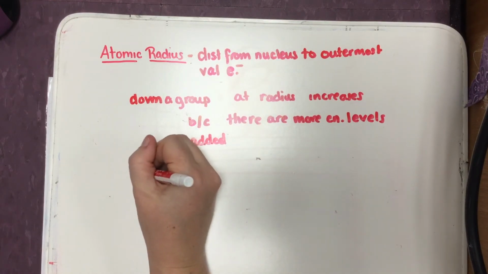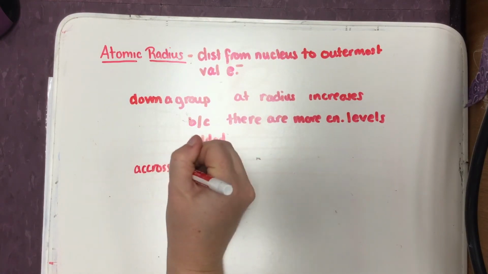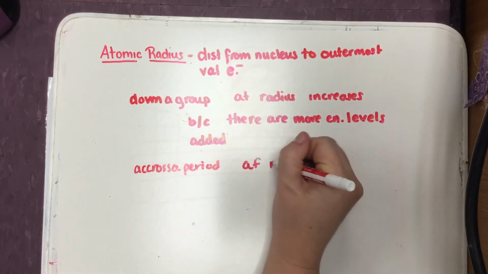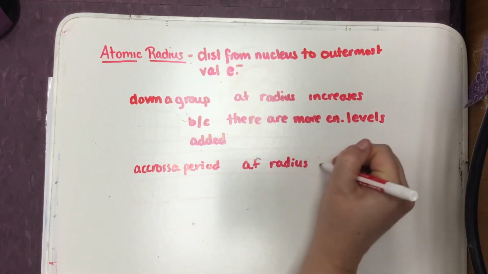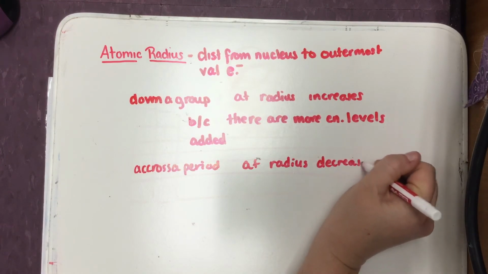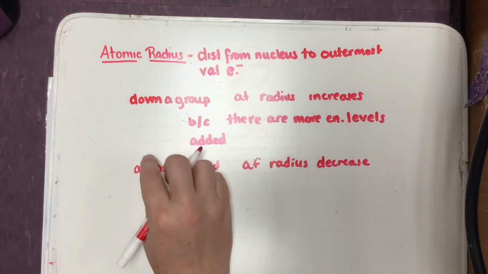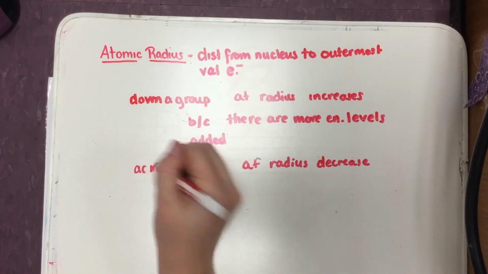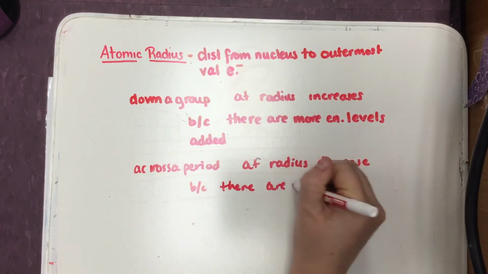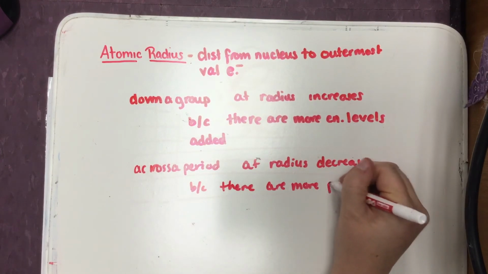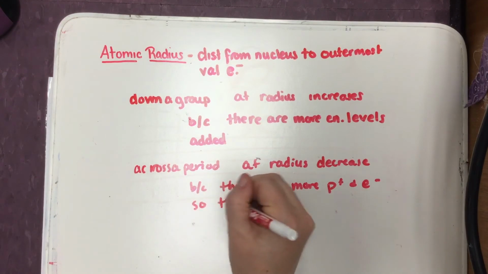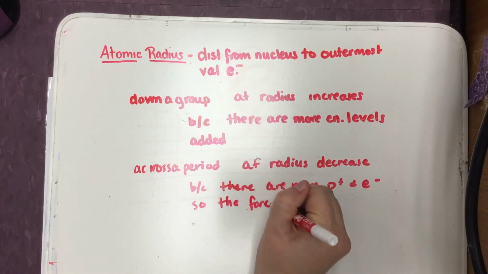When you're going across a period, the atomic radius will decrease because there are more protons and electrons, so the force of attraction is greater.